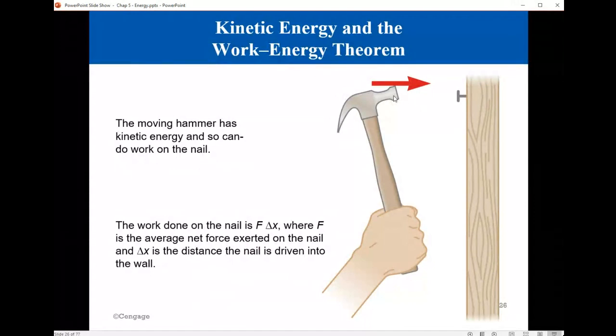So kinetic energy now is zero because there is no motion. What happens? All the energy is transformed into work, and because of this work, the nail goes into the wood. Okay? So we understand this interplay between work and kinetic energy in this example.